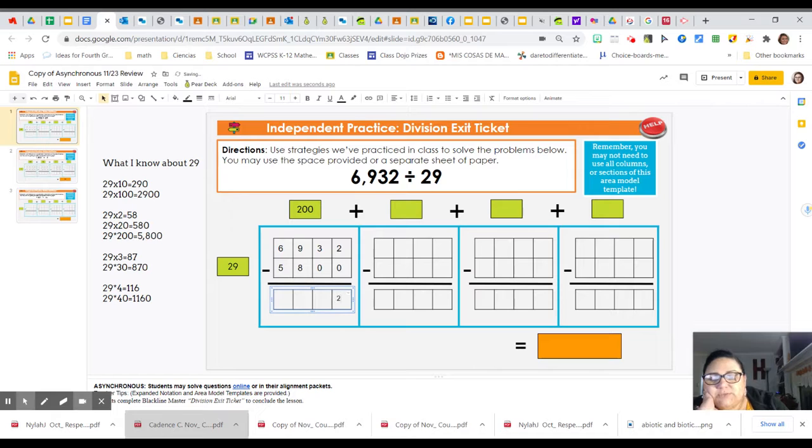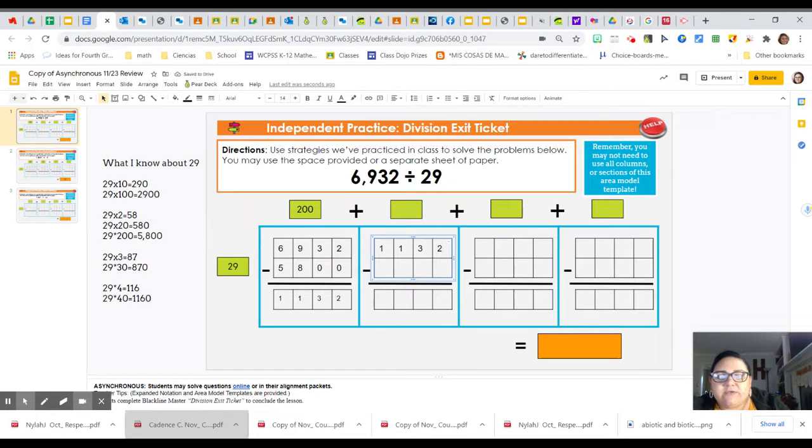So we get 2, 3, 9 minus 8 is 1, and 6 minus 5 is 1. Then we are going to bring this number to our next box because that means that we are going to keep dividing that. We're going to keep finding how many 29s, or how many groups of 29s I'm going to find.